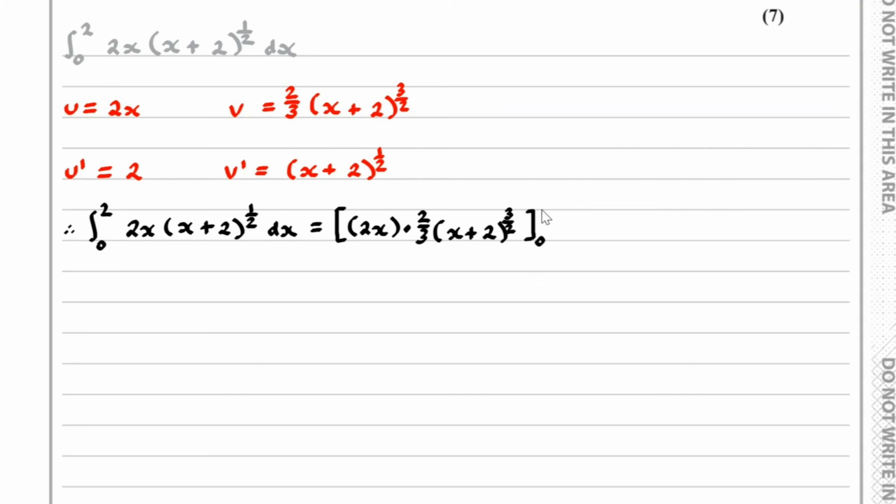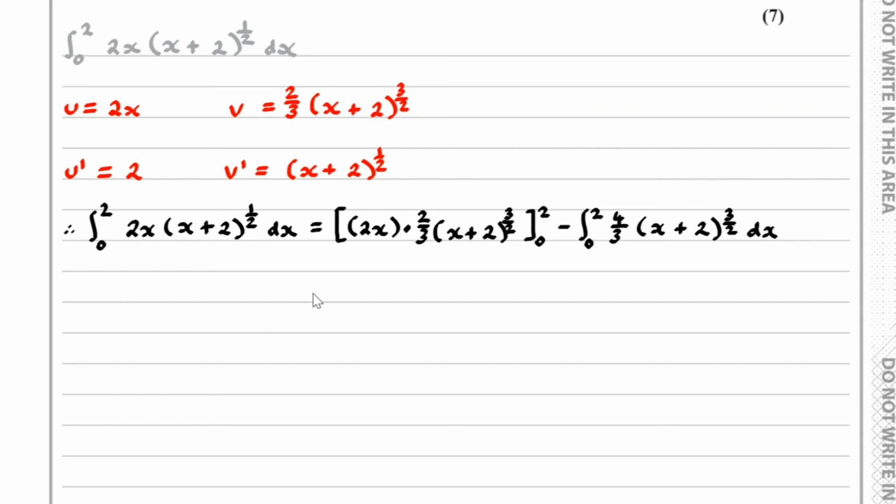We are integrating from 0 to 2, and then I subtract the integral from 0 to 2 of v times u dash, so that's 4/3 of x plus 2 to the power of 3 over 2. And I'm integrating that with respect to x.